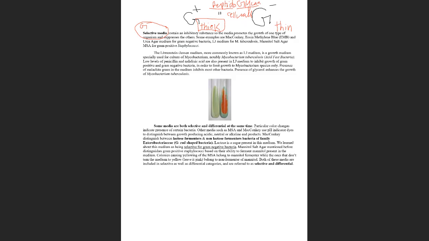You still could use selective media. Gram-negative will show up on the gram-negative plate, gram-positive will show up on the gram-positive plate, if a specimen has both of them present in it. So selective media makes a microbiologist's job really easy when it comes to separating things from specimens. Does that make sense?